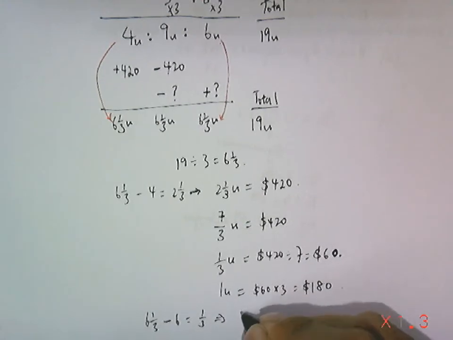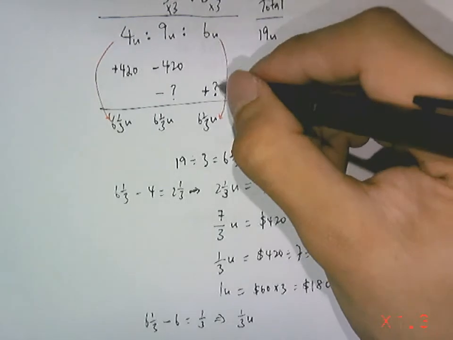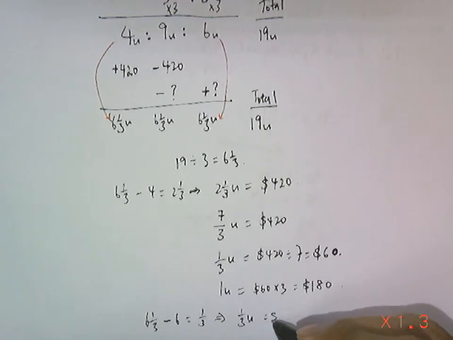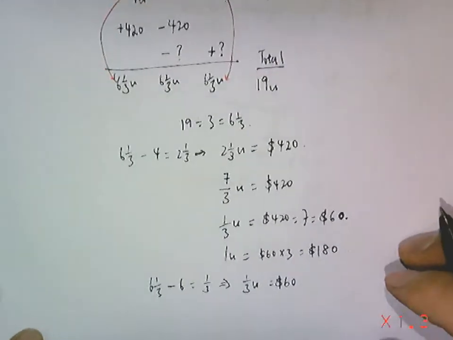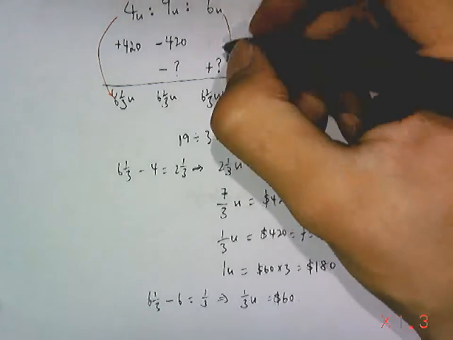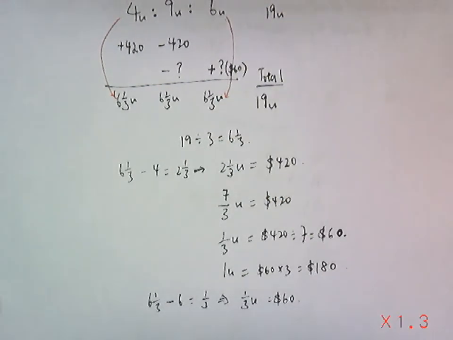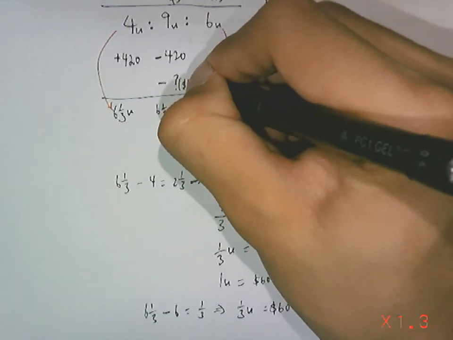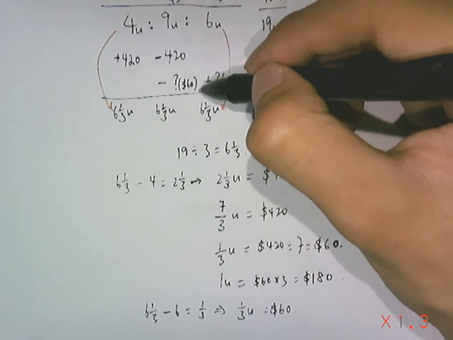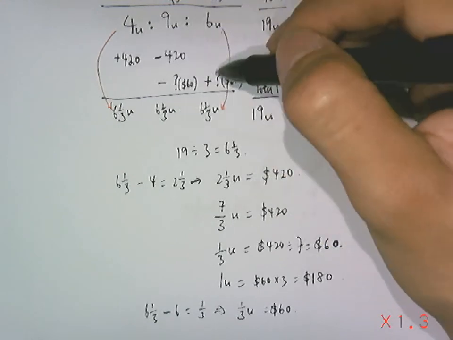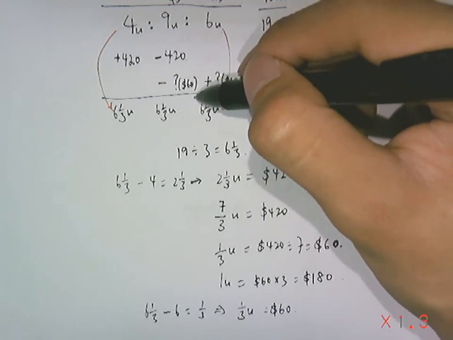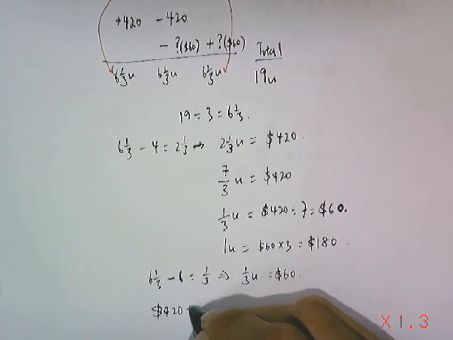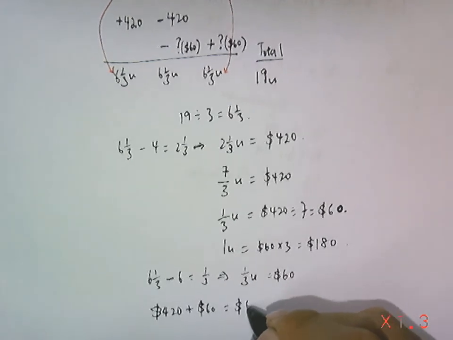So 1/3 unit, represented by the question mark, is $60. That means $60 is what Charles received from Beth. So the total amount given to her friends, Alice and Charles, is 420 plus 60. In total, she gave $480 to her friends.